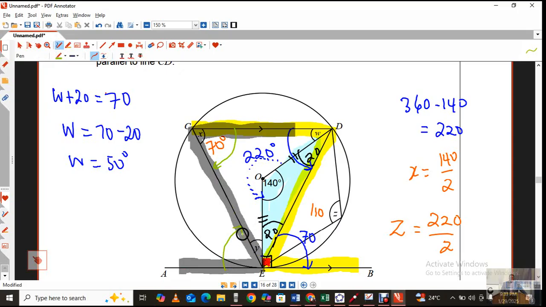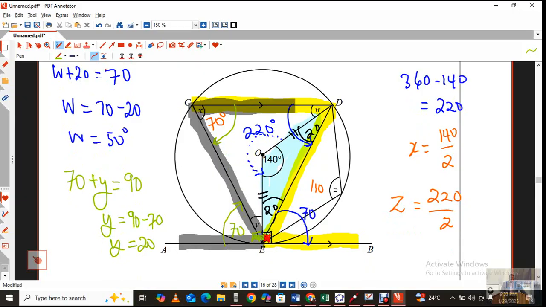So if this is 70, then this 70 plus Y should be 90 degrees. Why? Because of the tangent to radius, this side is also 90. Then Y is easy to determine. Y will be 90 take away 70, so Y will equal 20. So I have my solutions.